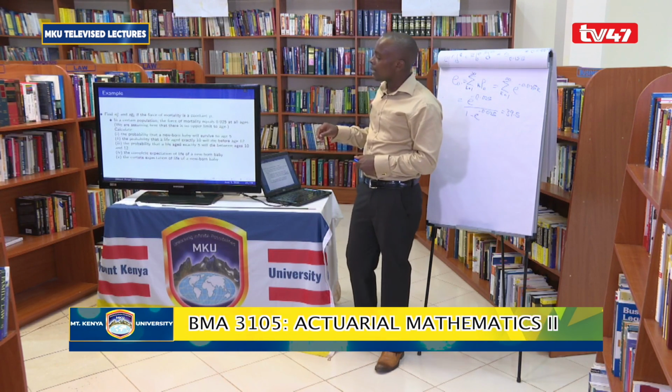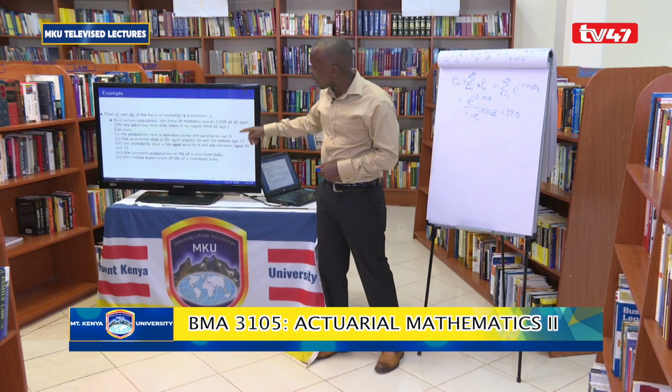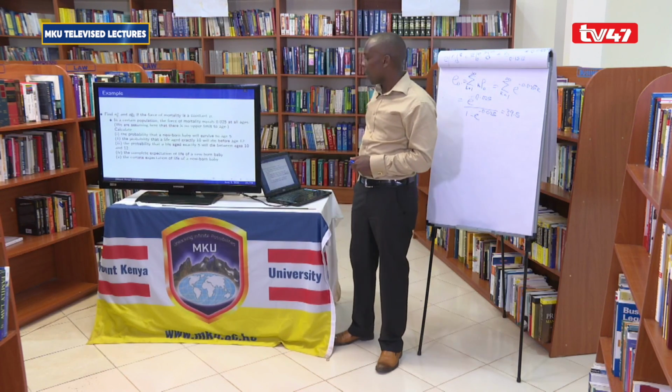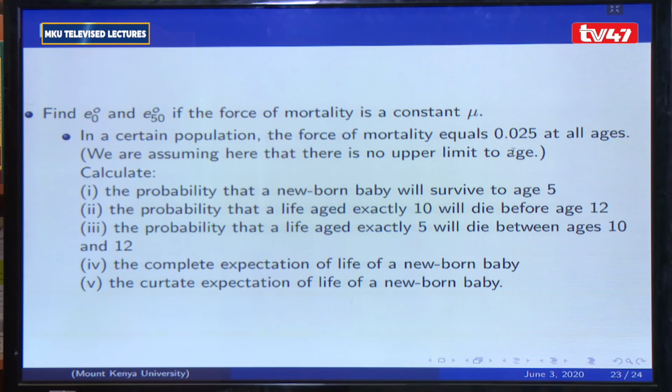But we have only looked at the constant force of mortality, and as you've seen, in some cases, when the force of mortality is constant, the expectation of life for any given life, either young or newborn or old, for example, in our case it's 50, does not change at all.